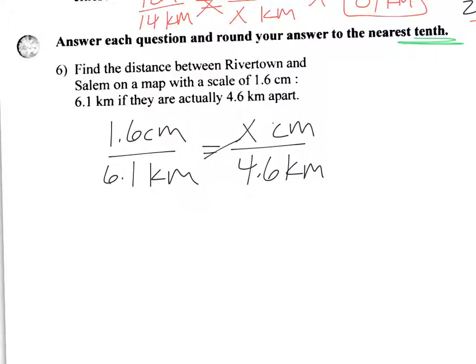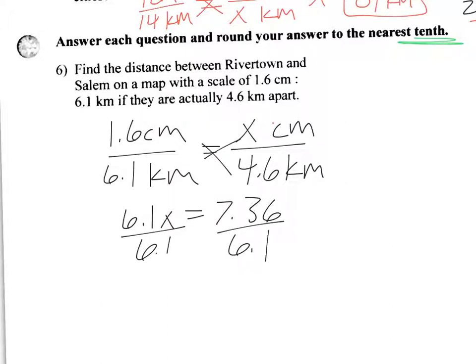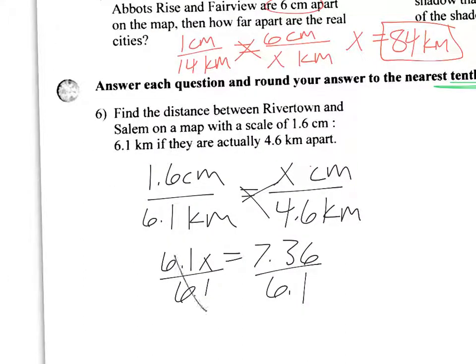Cross multiply, so 6.1x equals, get my calculator out, 1.6 times 4.6 is 7.36, divide by 6.1. So divide that by 6.1 and we get x is 1.2 to the nearest tenth, and again my units here are centimeters.